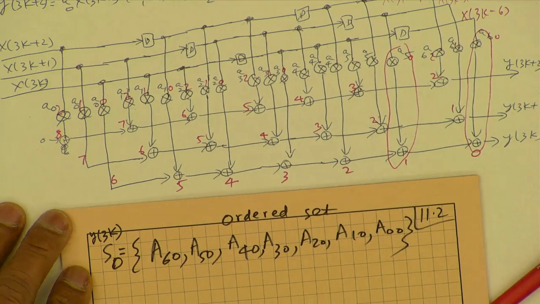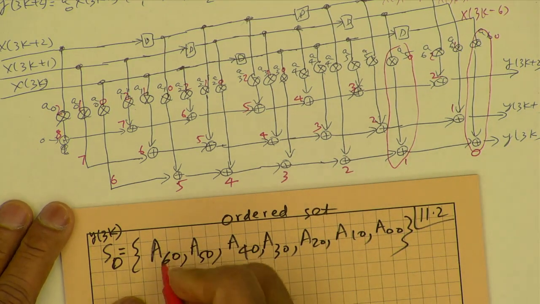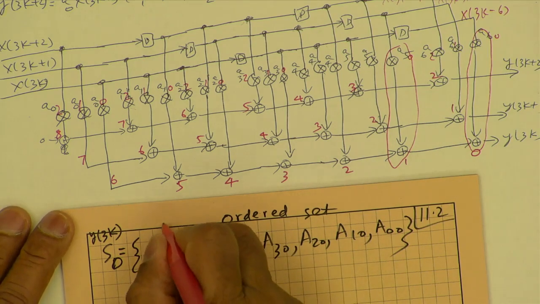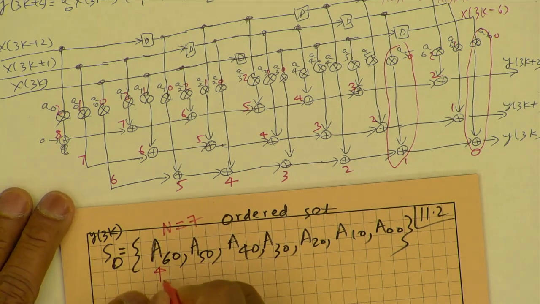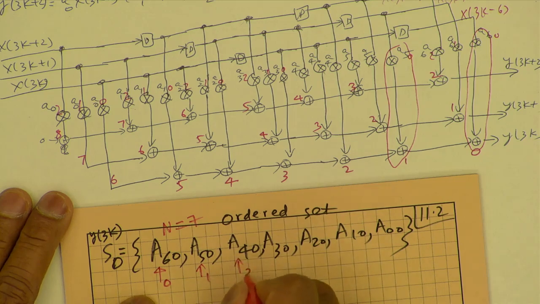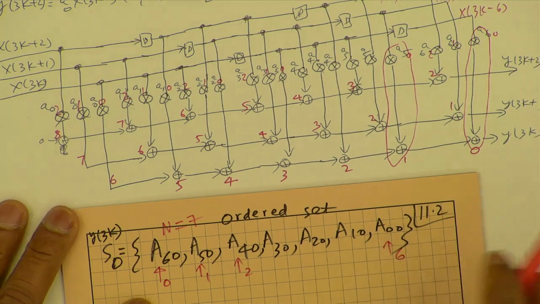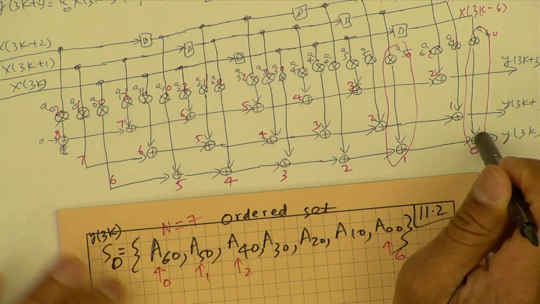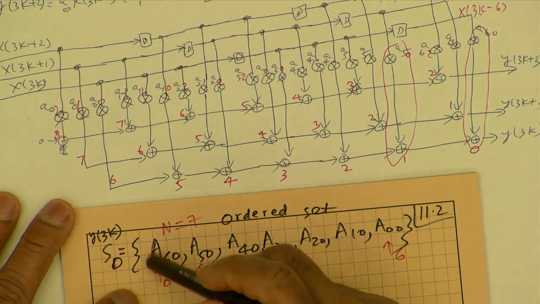That means there is an order in which they are placed. The periodicity is 7, we will call n is 7, n is the folding factor, and when I say ordered sets, these are 0, 1, 2, 3, 4, 5, 6. So that means this multiply add A60 is executed at time partition 0.